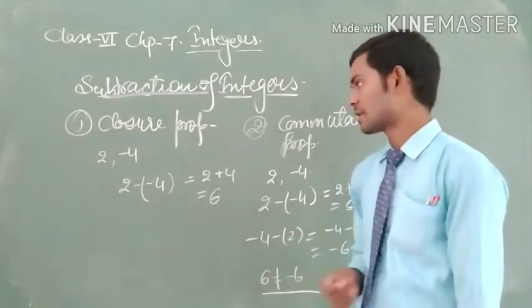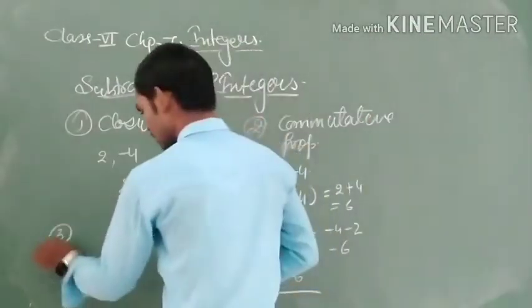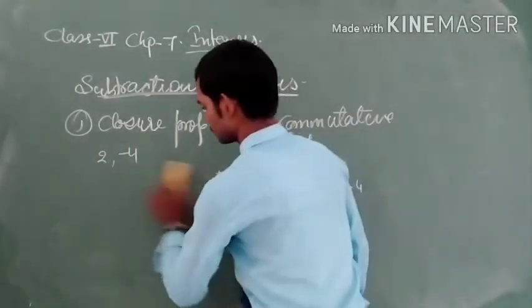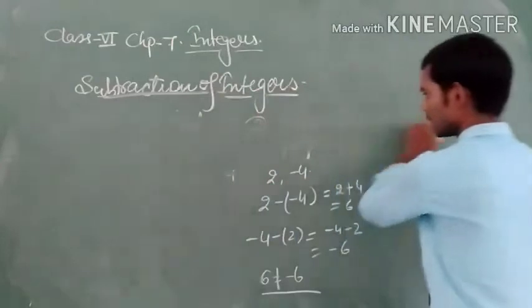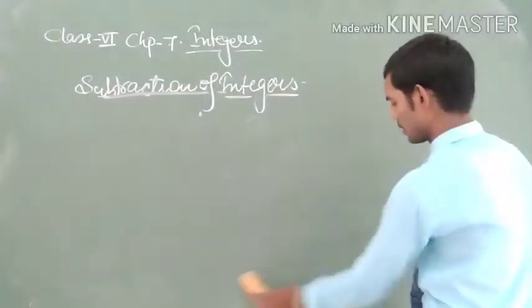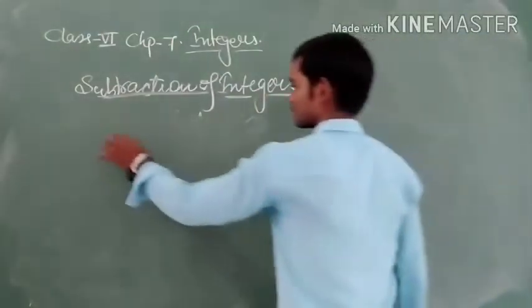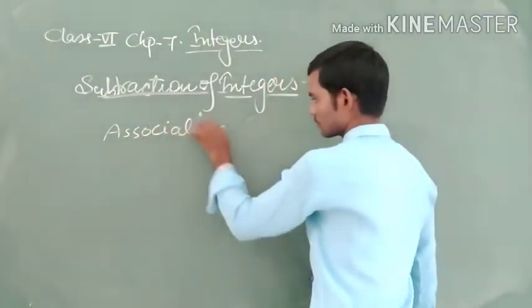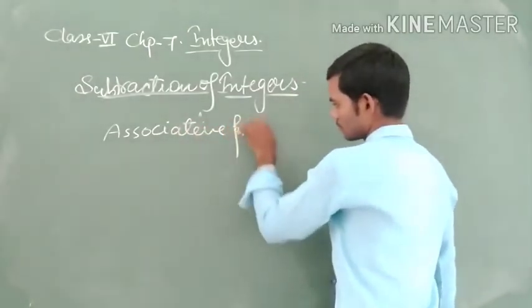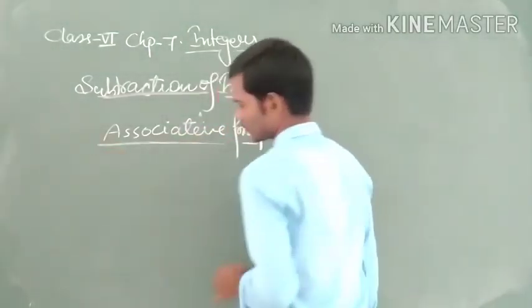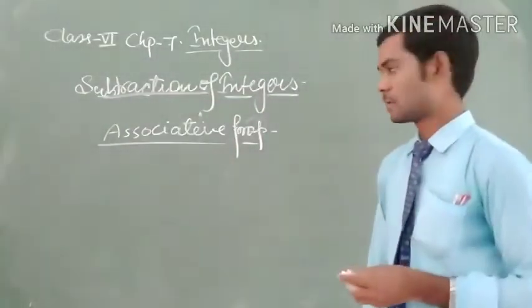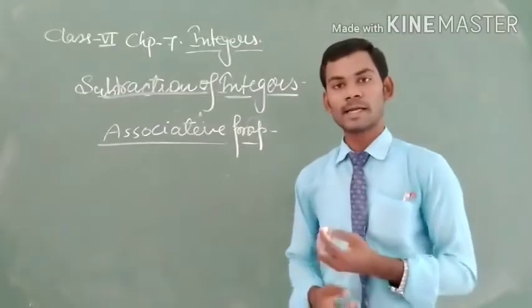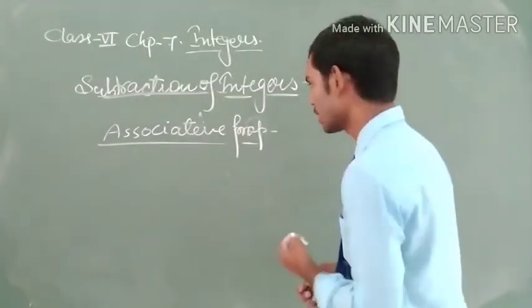The third is the associative property. In order to prove the associative property, we need at least three integers.